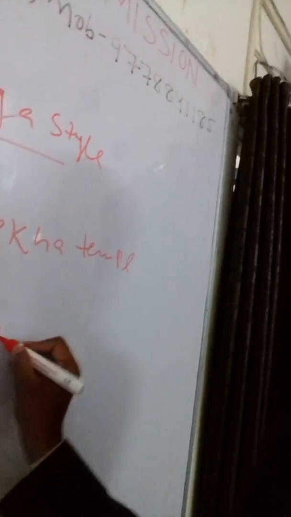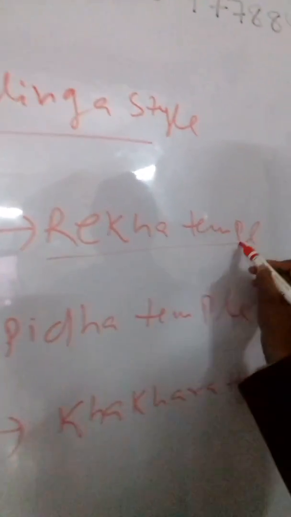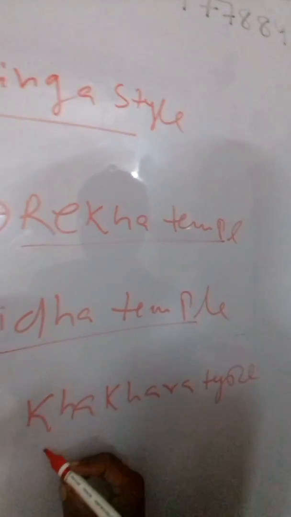Second is your Pidha temple, and the third is your Khakra style of temples. So these are the three types of temples. One is Rekha temples, second is Pidha temples, and third is Khakra temples.